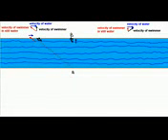Now, let's do a few calculations. Let's suppose that the swimmer can swim at 1 meter per second in still water and the river flows at 0.6 meters per second. Then let's work out the velocity of the swimmer in each of these scenarios, starting with this one here.